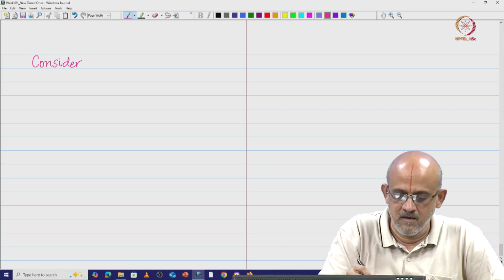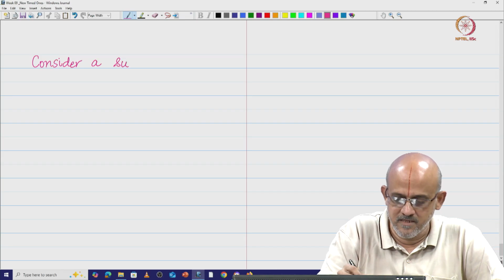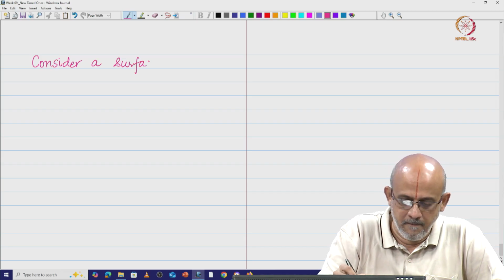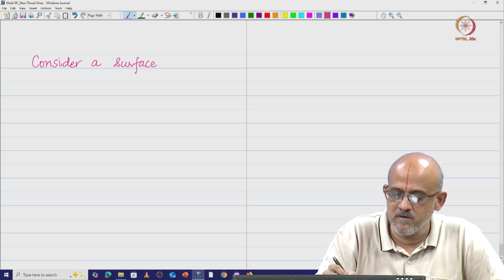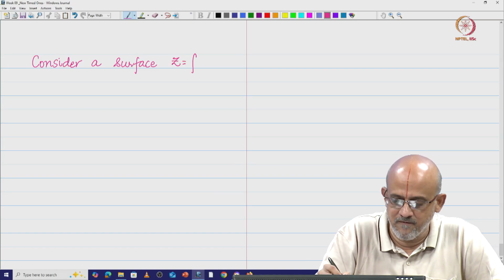Suppose I have, let us take a simple example where I am going to look at a surface. Consider a surface, what does that mean? I am going to look at z is equal to f of x comma y.